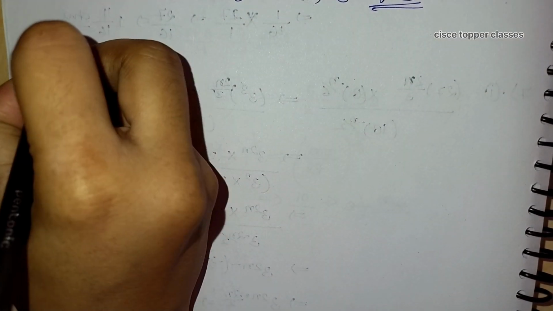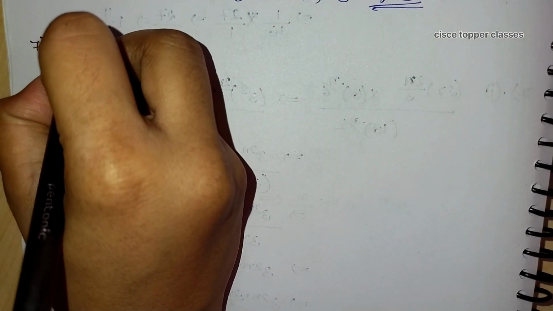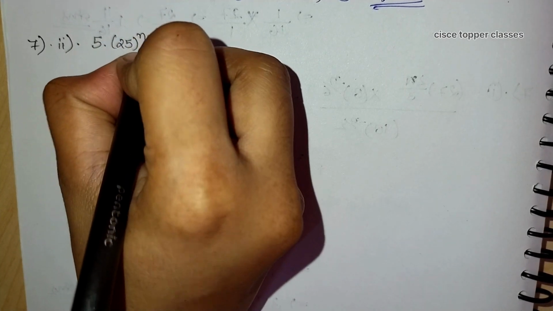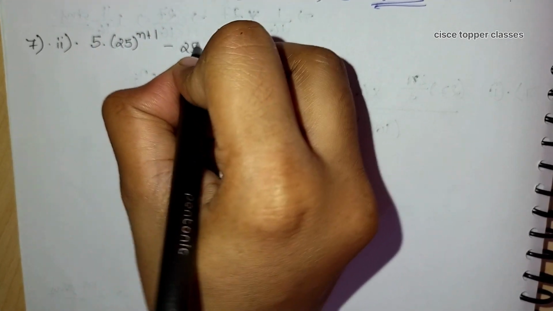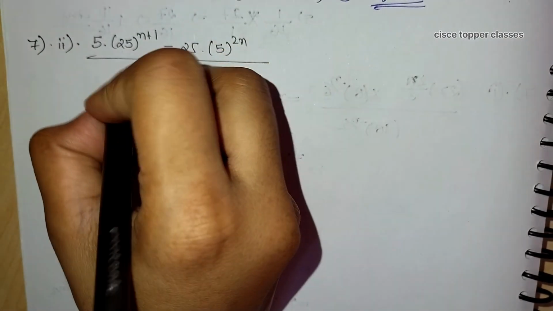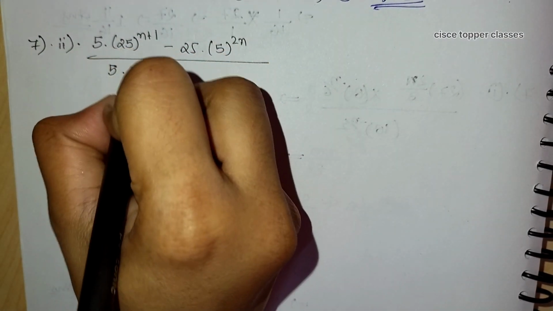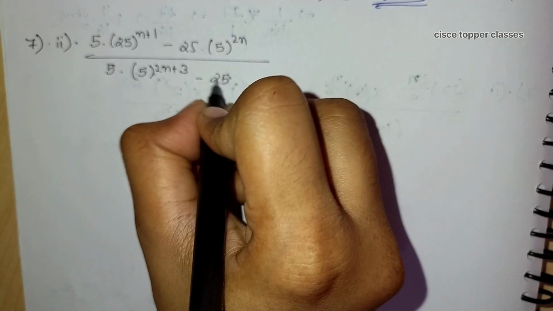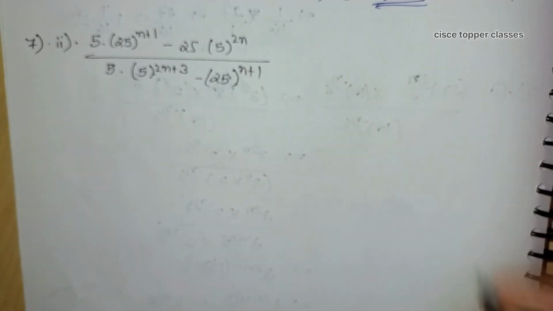So now let us solve seventh second part here, which is 5 multiplied by 25 to the power n plus 1 minus 25 multiplied by 5 to the power 2n divided by 5 into 5 to the power 2n plus 3 minus 25 to the power n plus 1.